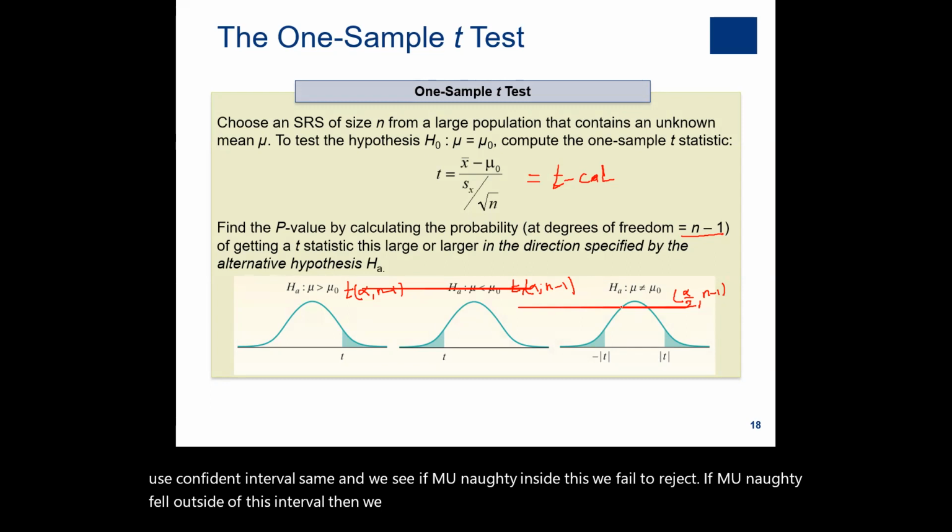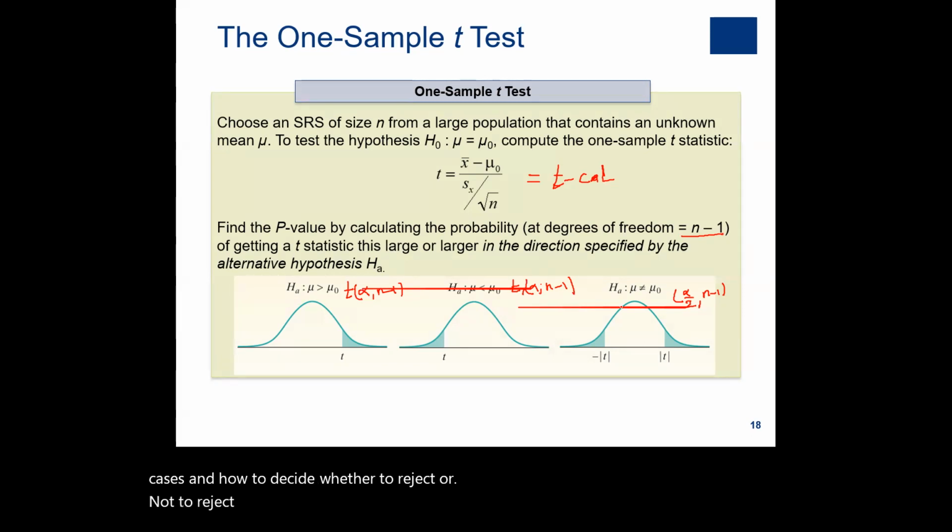We already discussed these three cases and how to decide whether to reject or fail to reject H naught. We call this case one, this case two, and this case three. Here we can compare T calculated with T tabulated.